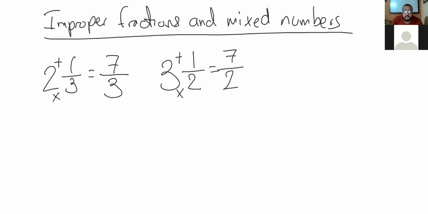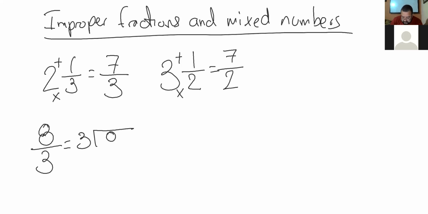Let me give you 2 more examples, but these examples are converting an improper fraction to a mixed number. Let's do it. What is an improper fraction? It's a fraction in which the numerator is greater than the denominator. So what are we going to do here? We're going to divide 8 by 3.